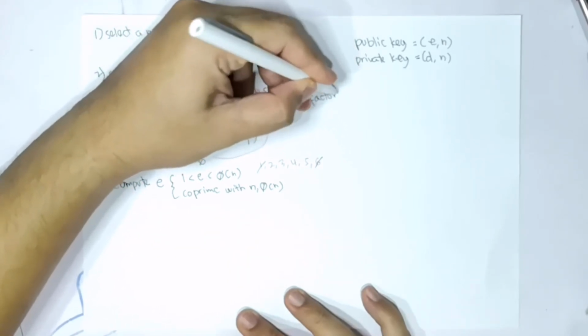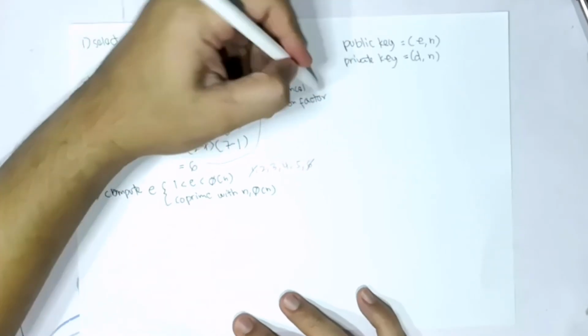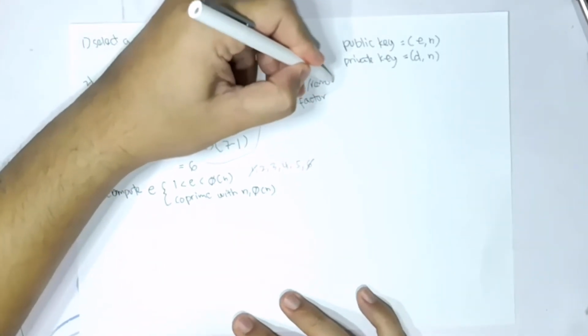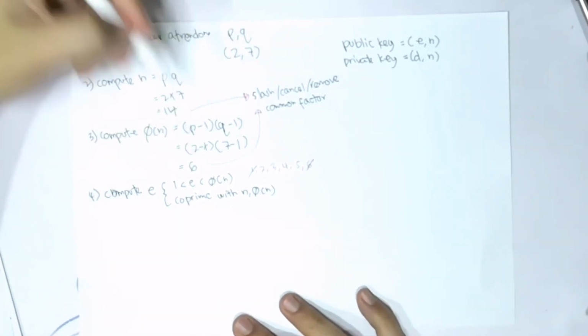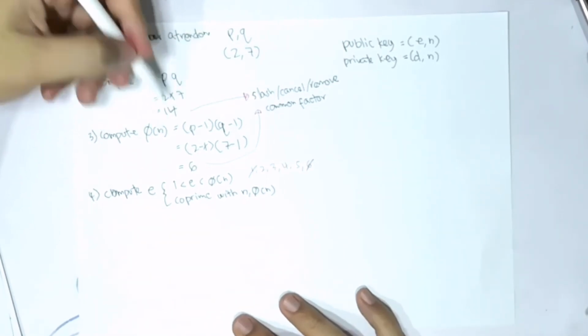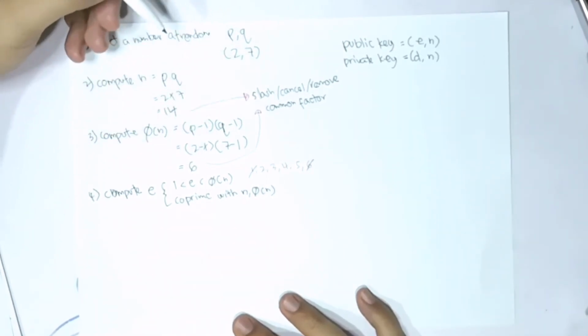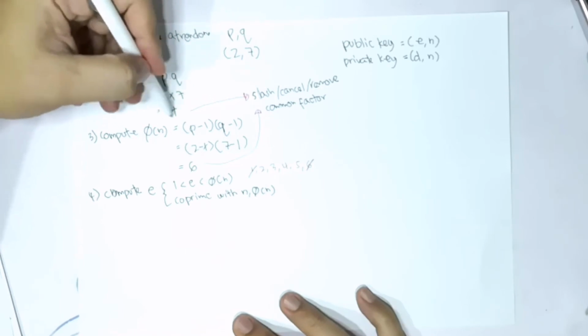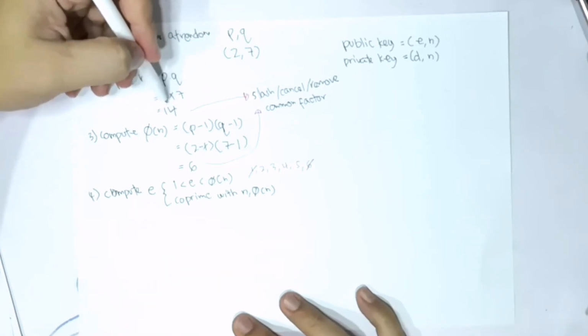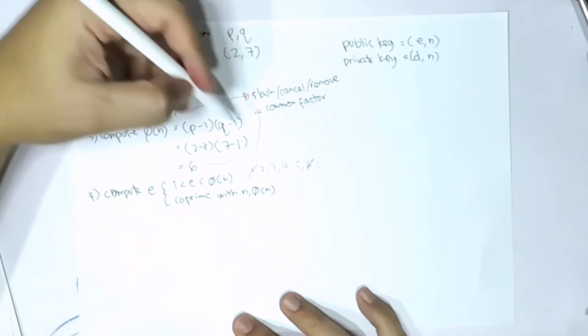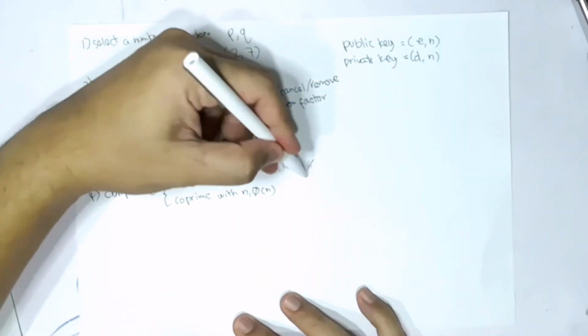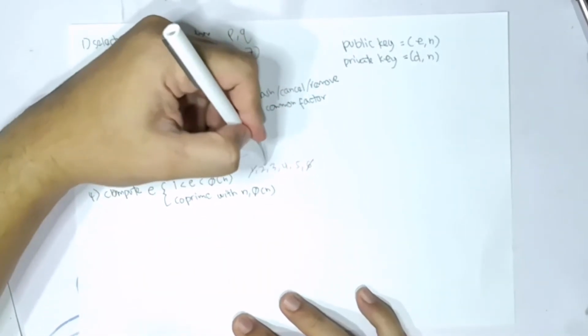We need to remove or cancel the common factors of N and 6, which is 14 and 6. From N here, we know that this is an even number, so we can remove the even numbers from the list 1 to 6.